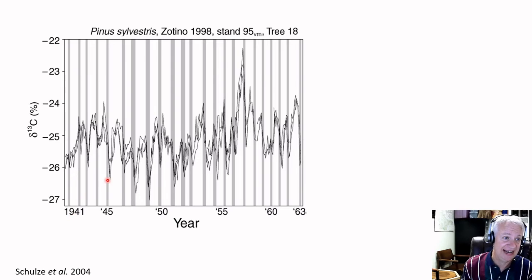So you can see they're catching very fine variations in stable carbon isotope, which is really interesting. You can maybe get an idea of what physiologically was going on during the time of formation of early wood and during the time of formation of late wood.